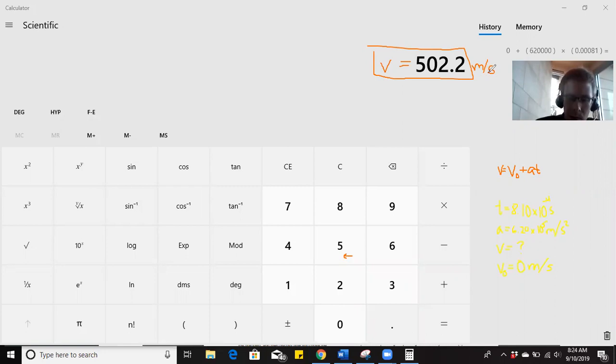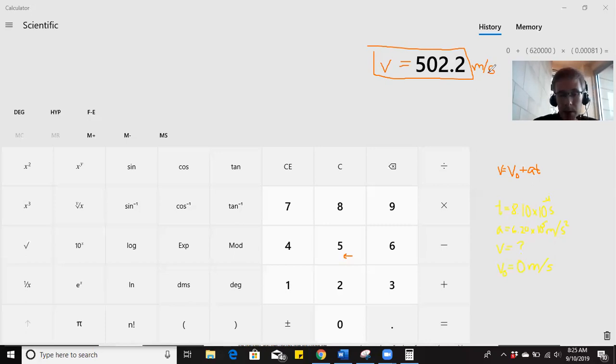Remember that we're accelerating a bullet from rest in this problem. So is it reasonable that the bullet started out going 0 meters per second at rest, and that this gun was able to accelerate it such that it's now going 502.2 meters per second? That's a pretty big number, but this is a pretty fast bullet. And bullets travel pretty fast, so that's pretty reasonable.